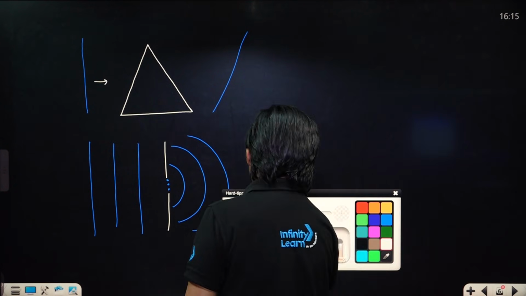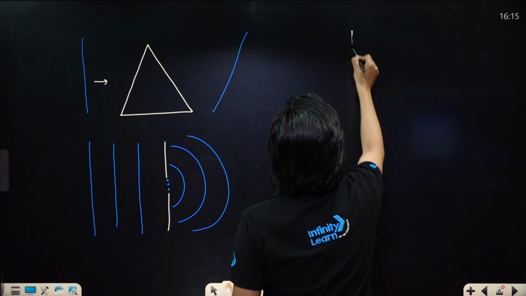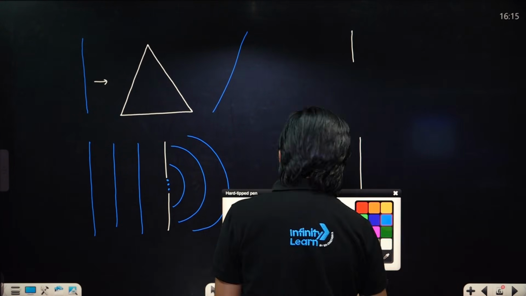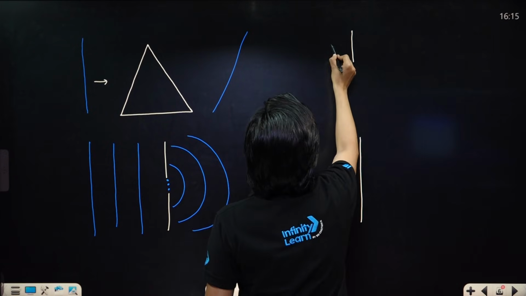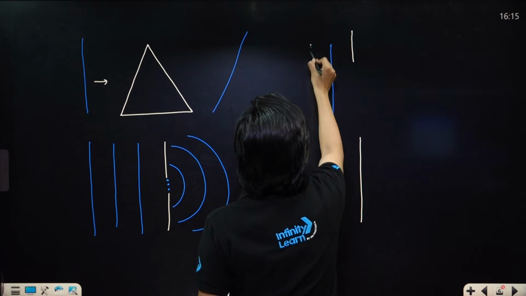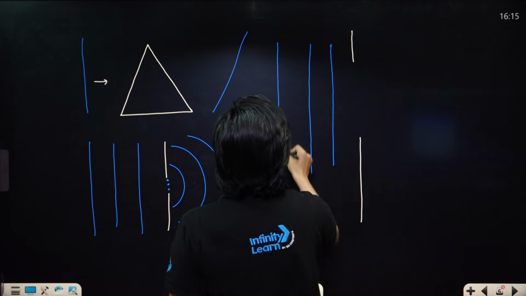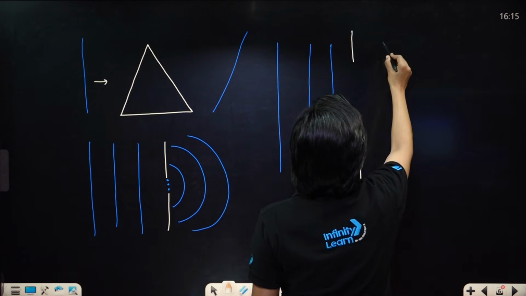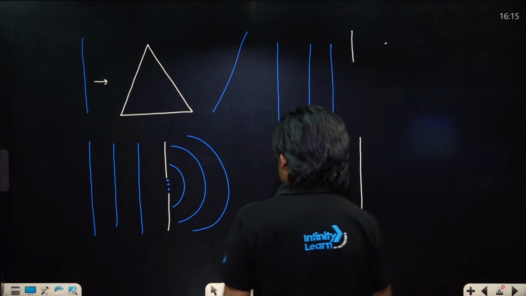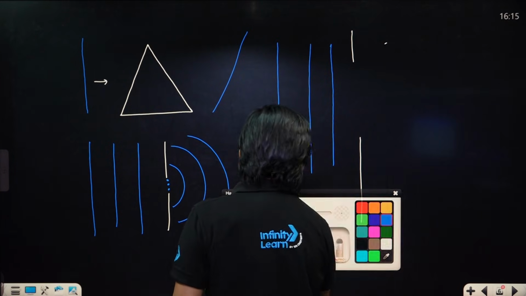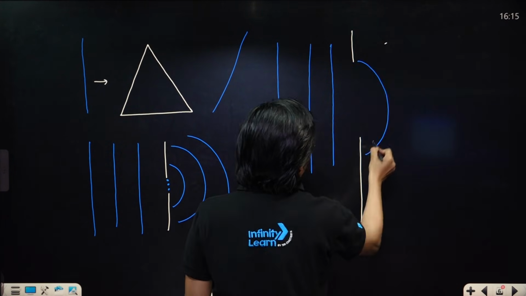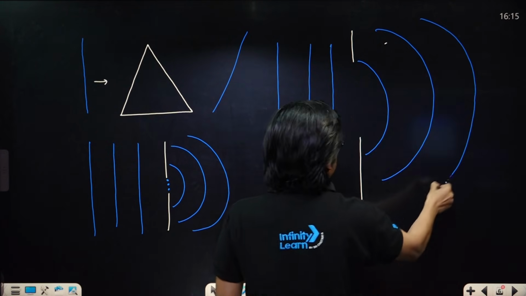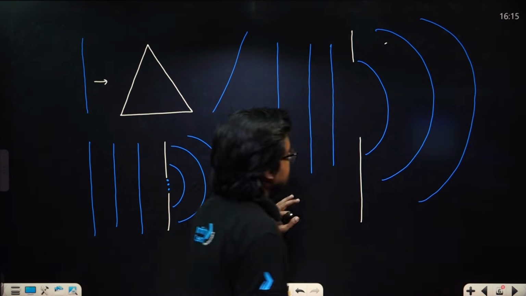Suppose you increase the slit width, then those parallel wavefronts coming towards this, that radius of curvature will actually increase. It will keep on increasing. As you keep on increasing the slit width, the radius of curvature will keep on increasing.